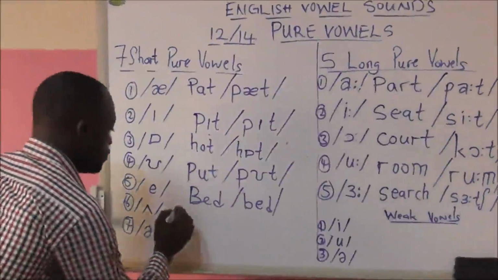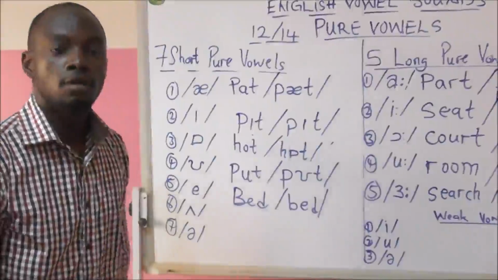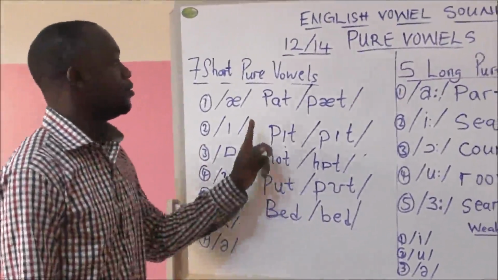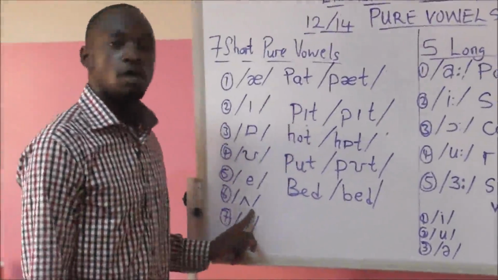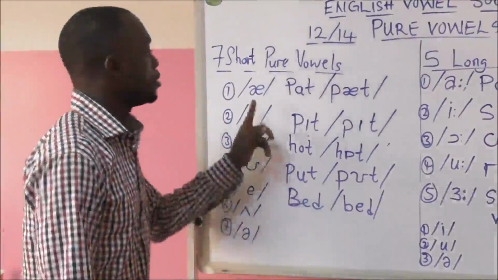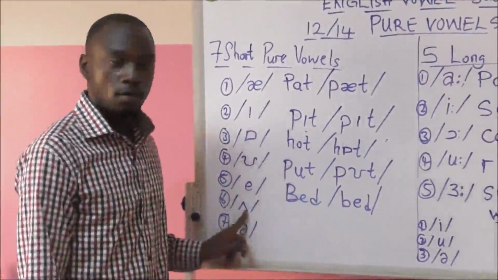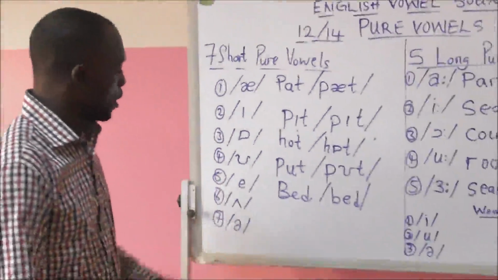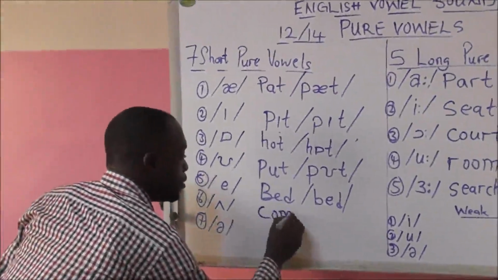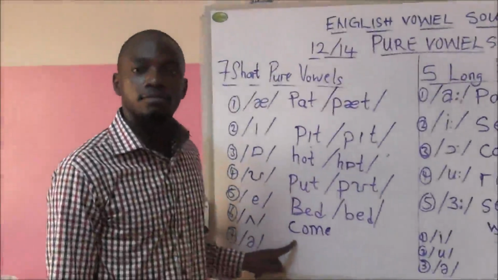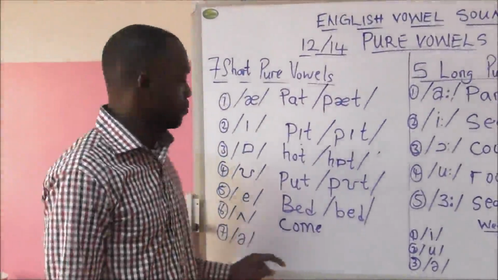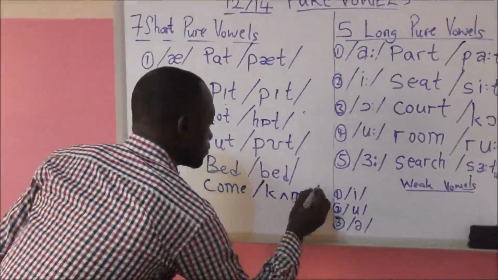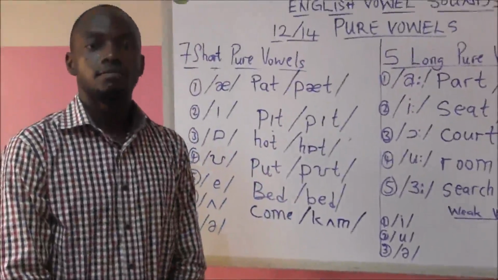And then now we have, most times students confuse themselves. They try to compare the sound with the sound, they're two different sounds. This is and this is. So, example, we have come, come. To transcribe it, it will be come.